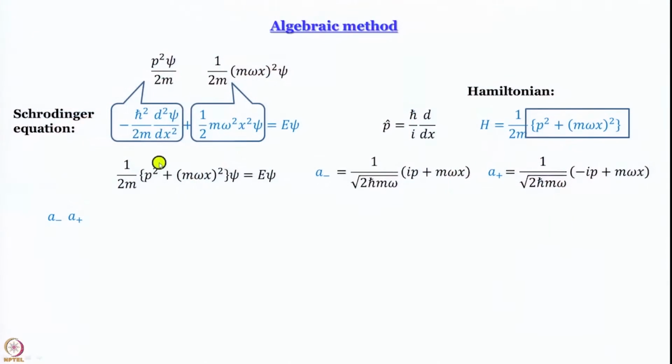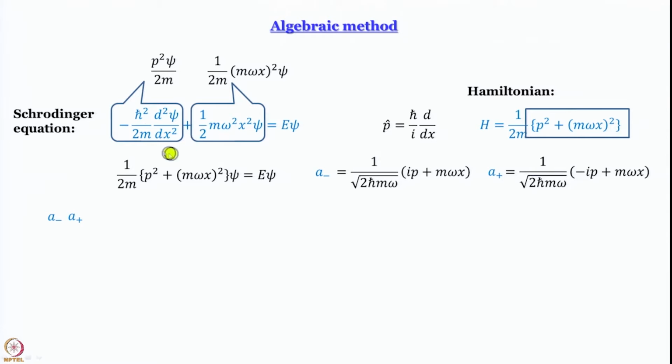For a quantum harmonic oscillator, we have written the Schrodinger equation: minus h cross square by 2m d2 psi dx2 plus half m omega square x square psi equal to E psi. Then we have rewritten the first term on the left hand side in terms of the linear momentum operator for motion along x, h cross by i d dx, and that has become p square psi by 2m.